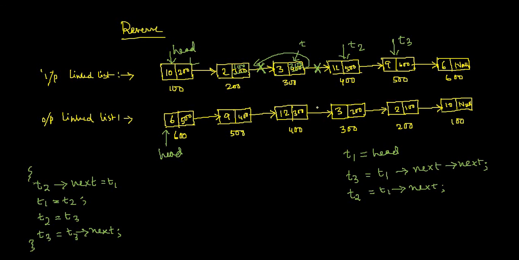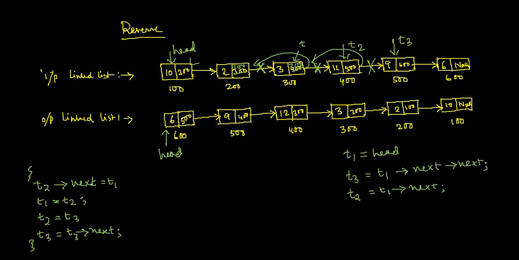So I'm still correct. At least from this dry run of the code that I have written, what I can see is that I am still correct. So again this connection will vanish and this will connect with the previous one. That happened over here, something like this, right? But that is not a problem because I have already held this one in T3.